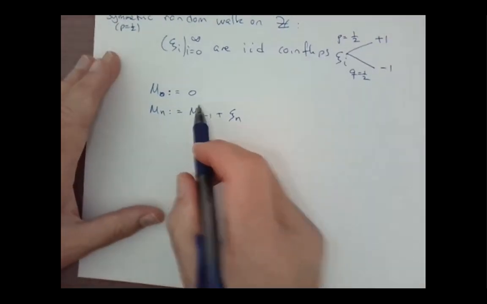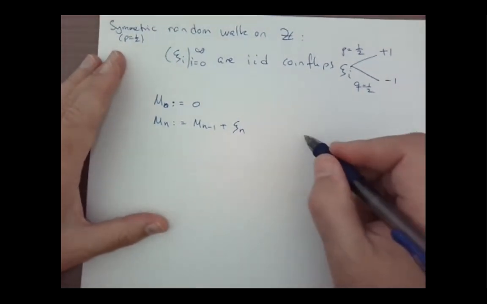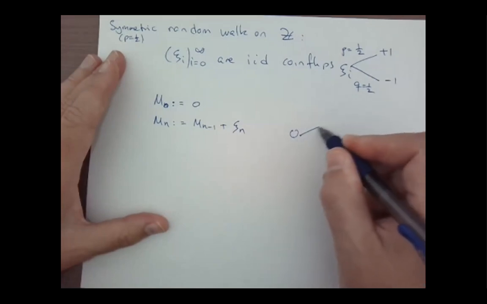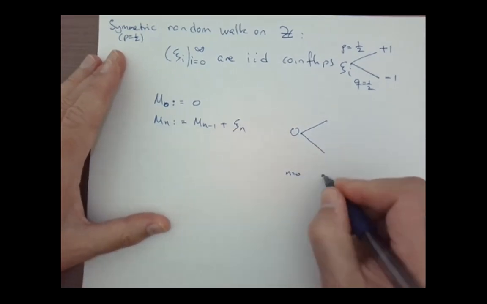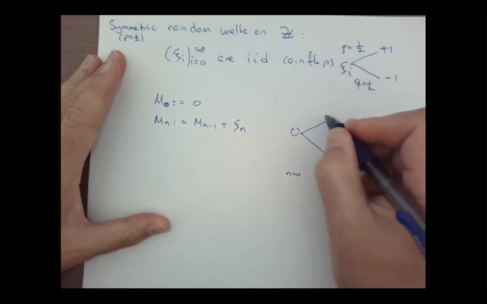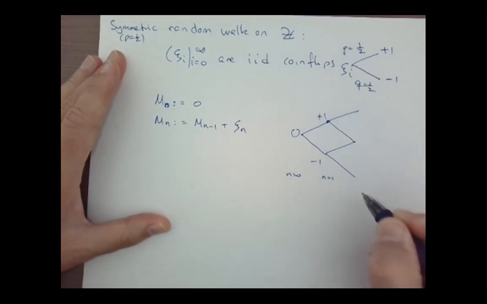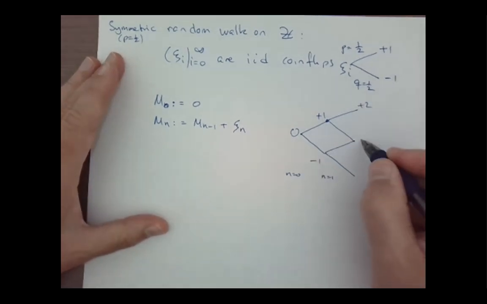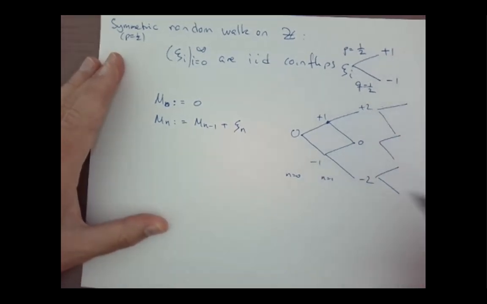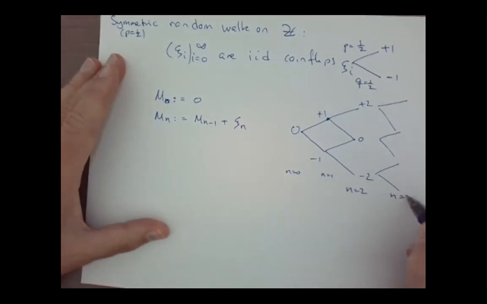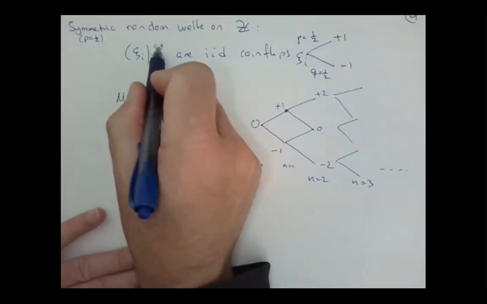So this is just like what we had in the binomial model. Your process starts out at 0. It can go up, it can go down, depending on the first coin flip. So here this is +1, and this is -1. You can go up to +2, back to 0, and then -2, and so on. So we have infinitely many coin flips.